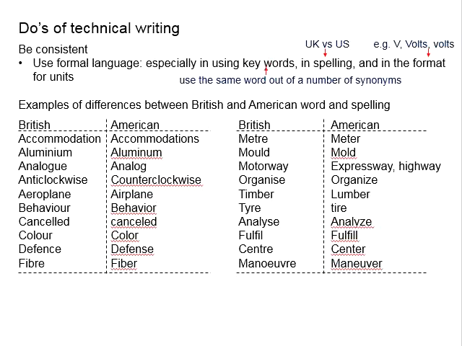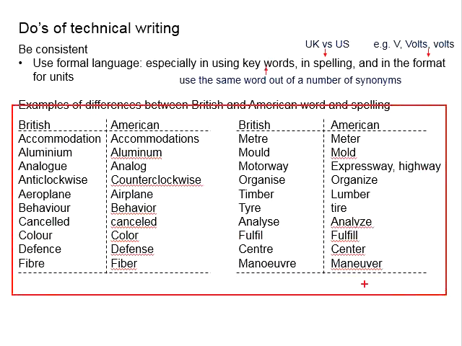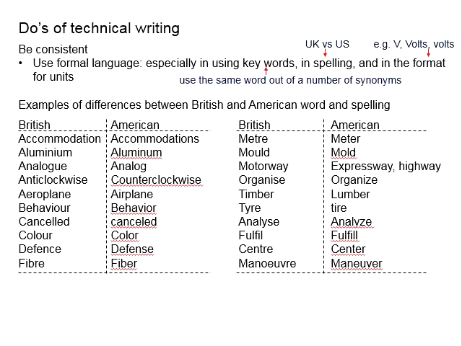Since we mentioned different spellings in UK and US styles, these are some of the examples here. Some may be spelled differently, such as aluminium, analog, behavior, color, defense, fibers, and so on and so forth.